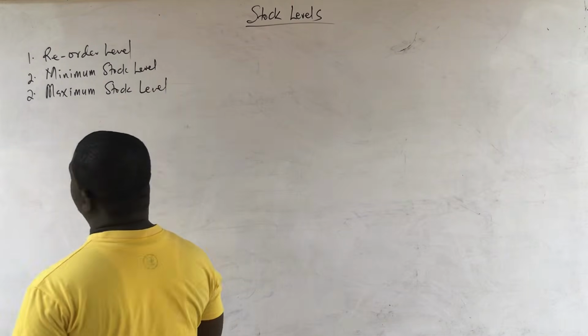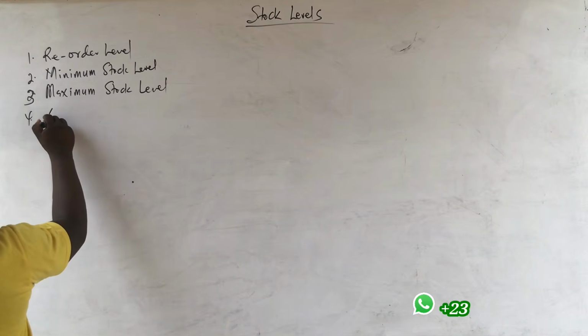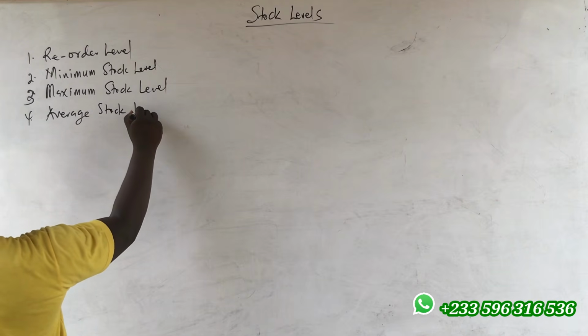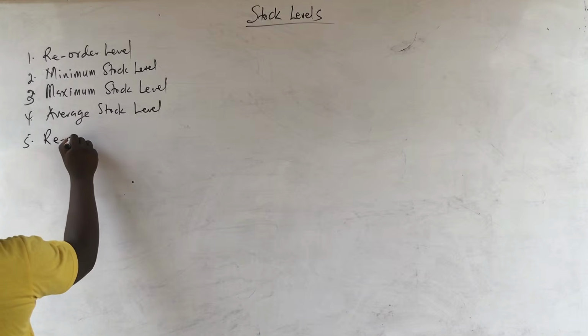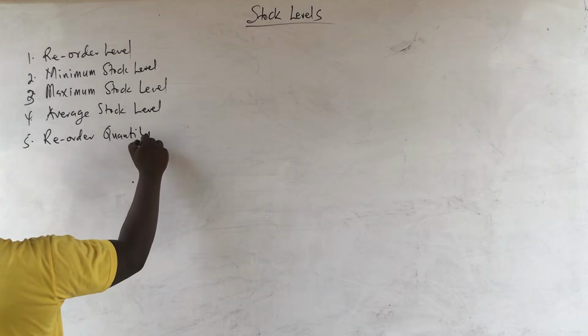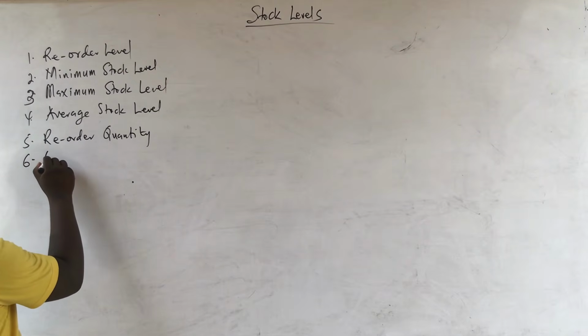At least these are the major three that we are going to look at. We also look at an average stock level or inventory level, and then we can look at the reorder quantity, which could also push us to look at economic order quantity.